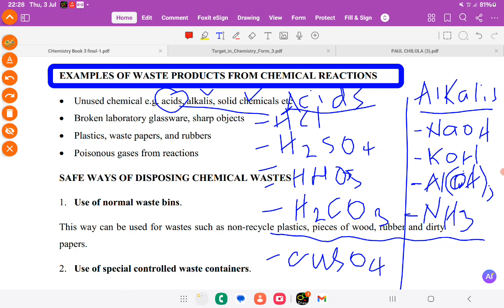So you as science students, chemistry students, must learn efficiently how you can get rid of them, like dispose them off, because that's what we are going to look at next.